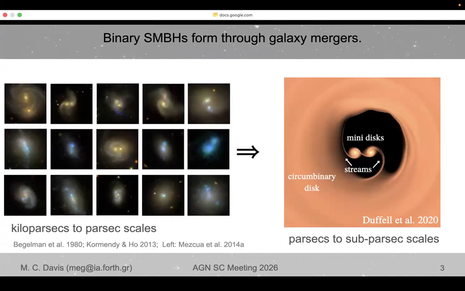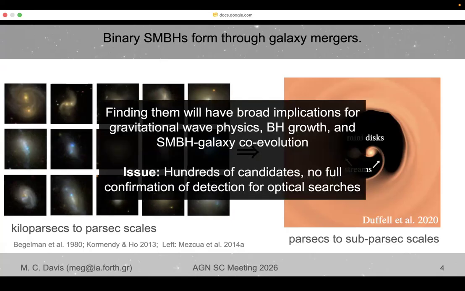Binary supermassive black holes form from galaxy mergers. Here on the left, I have examples, real examples, images from SDSS of dual AGN, varying degrees of nuclear separation, kiloparsec to parsec scales. Through dynamical interactions with stars, gas, dust, other compact objects, these black holes, those nuclei work themselves down to parsec to subparsec scales, eventually become gravitationally bound as binaries and start emitting gravitational waves in the gravitational regime.